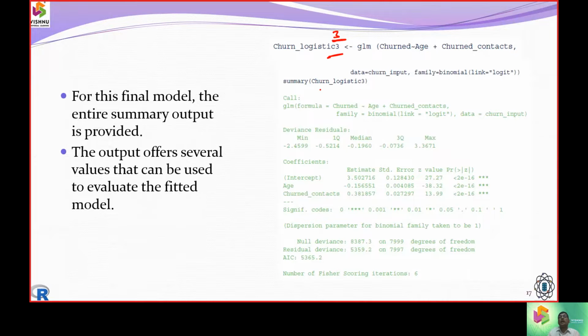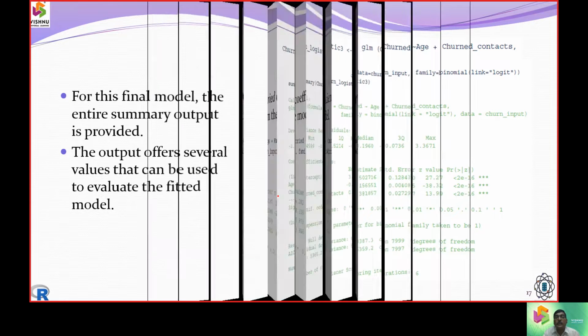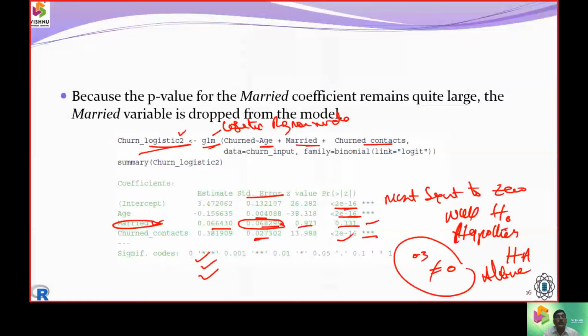So when we say it is logistic regression 3, we have the first variable and the second variable. Earlier we had age, married, and churn contacts. That is first variable age, second variable married, third variable churn contacts.